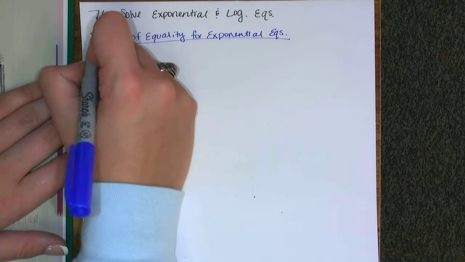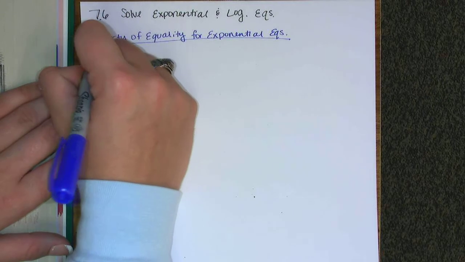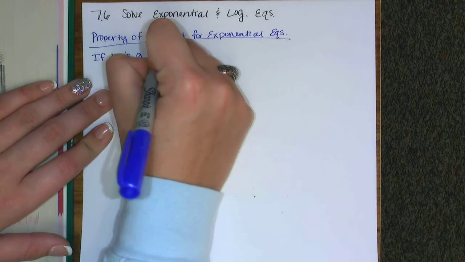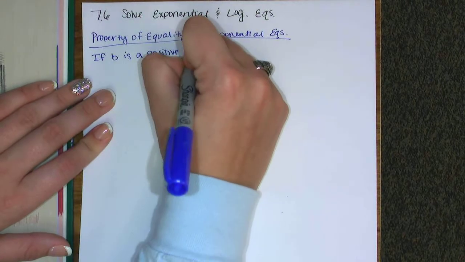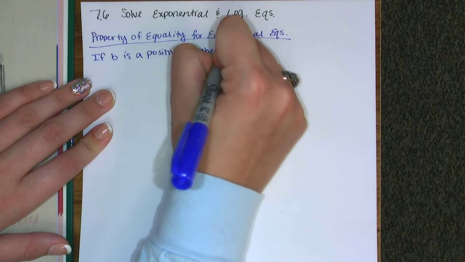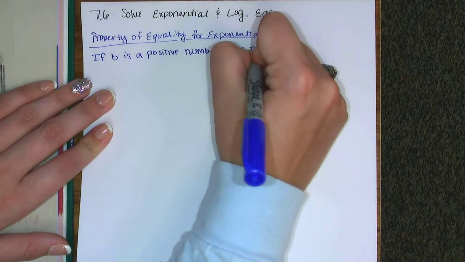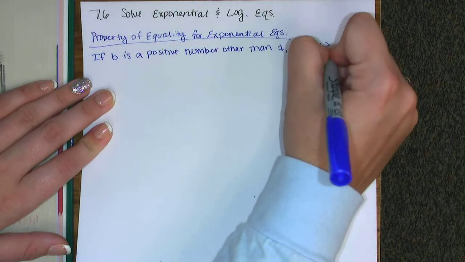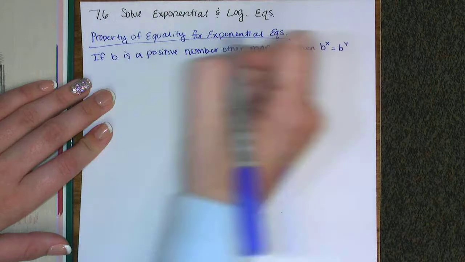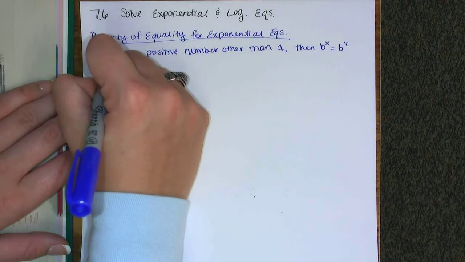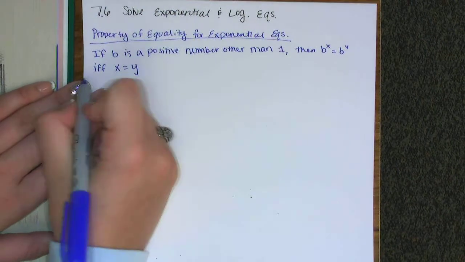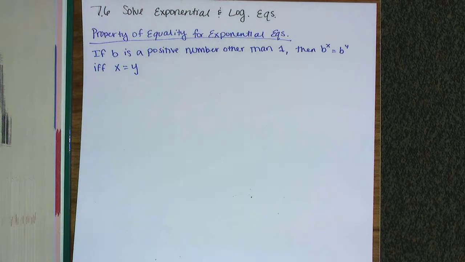This says that if b is a positive number other than 1, then b to the x is equal to b to the y if and only if x is equal to y. So remember, IFF is if and only if x is equal to y.